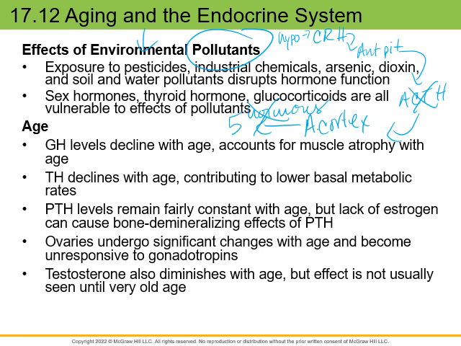The second part of this slide is just to point out that as you age, everything starts to kind of decline. So you're going to see growth hormone levels decline. You're going to see thyroid hormones decline, so you're going to have lower metabolic rates. Muscles are going to atrophy. You're going to see significant changes with the ovaries in females as they age. Males, not so much. Testosterone doesn't really diminish too much.